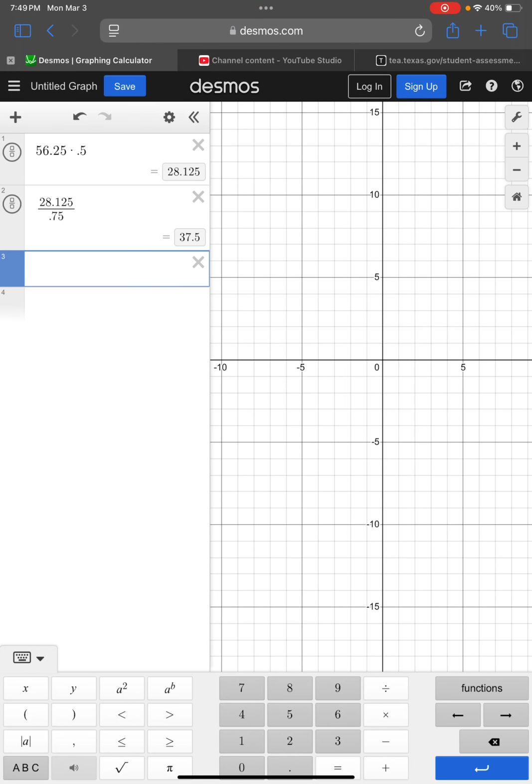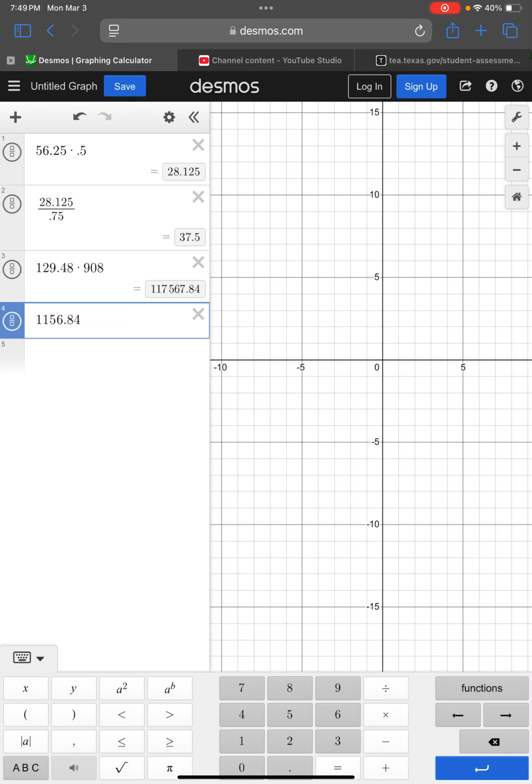That's going to be 129.48 times 908, and my resulting number will then be divided by 1,079, which will give me an answer of $108.96.